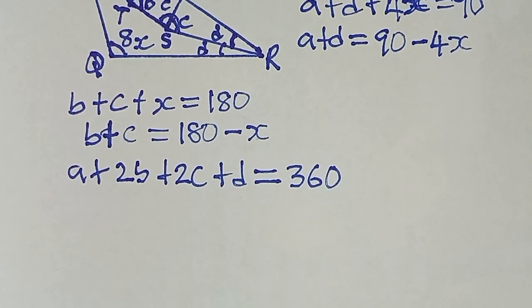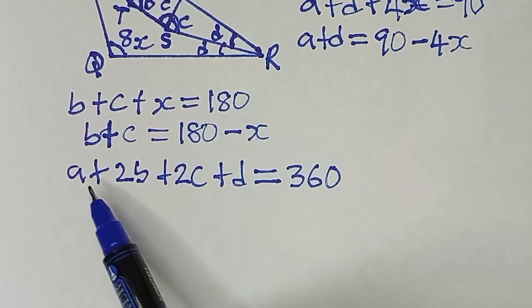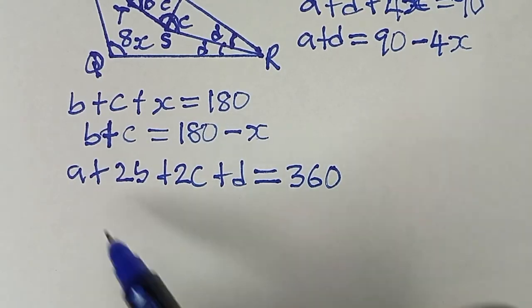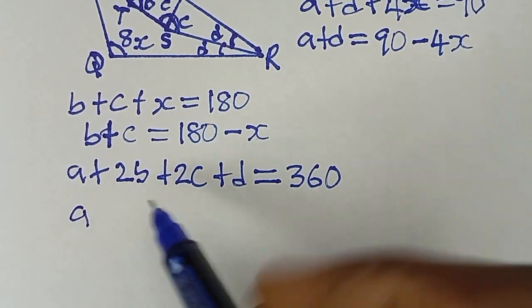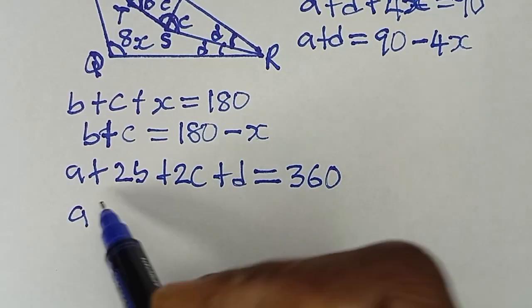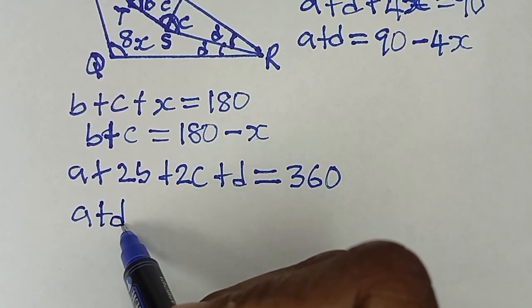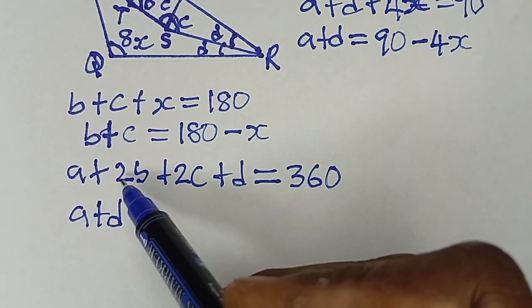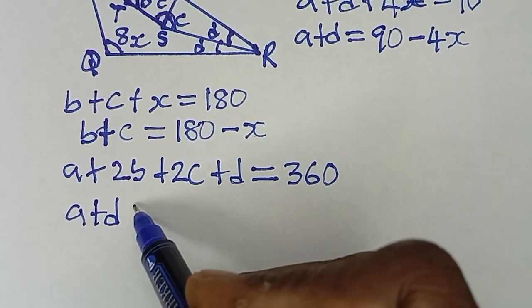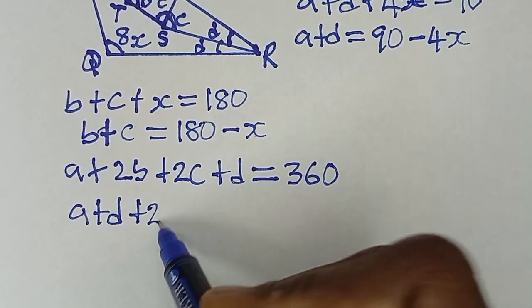So let's simplify this now. So I can simply take this as A, and then let me bring D closer to it. I say plus D, because I have A plus D. Then this one, let me factorize this. So it's going to be plus 2 is common to them.